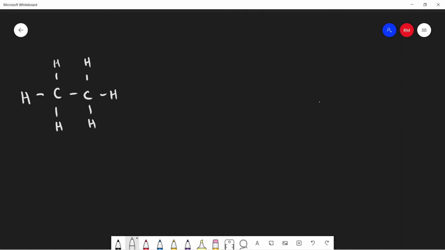You might already know what structural formula is, so please be my guest and go ahead and draw this down already. But what this would look like in structural formula would be CH3, CH3, just like this right here.